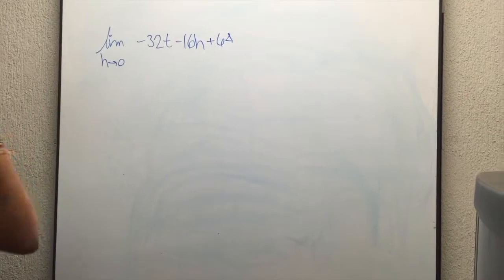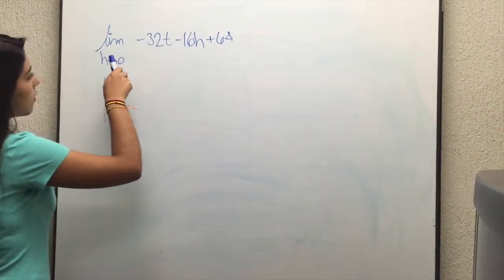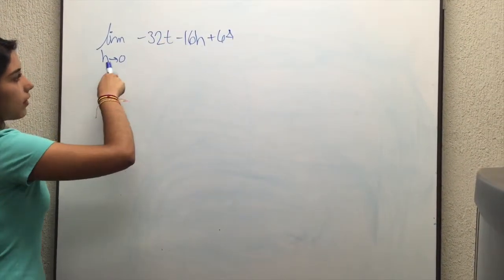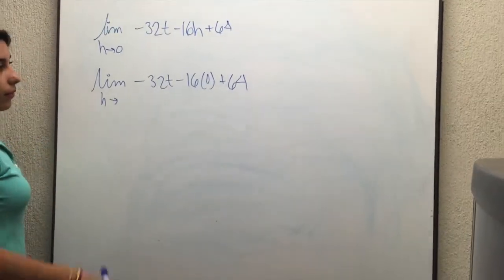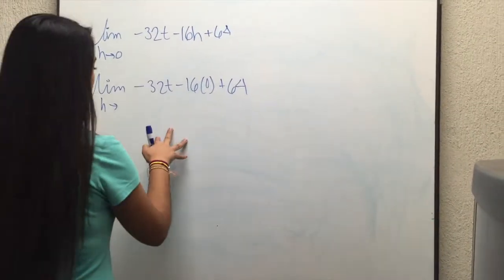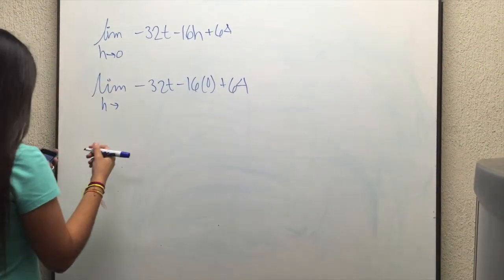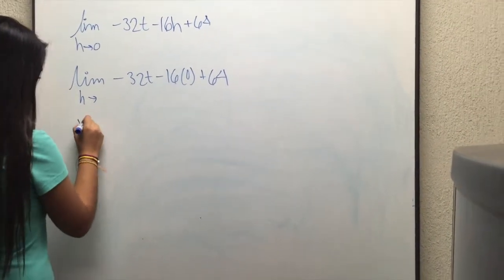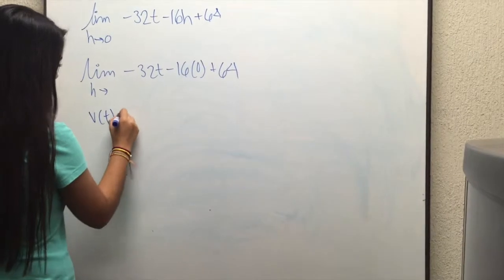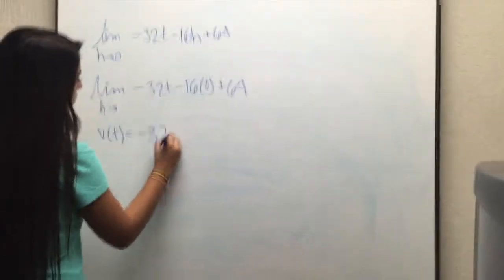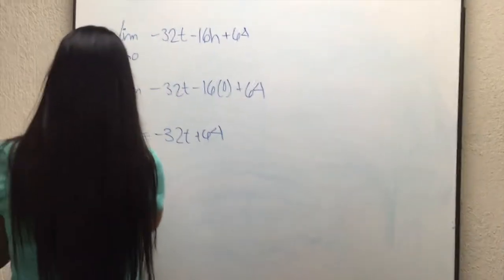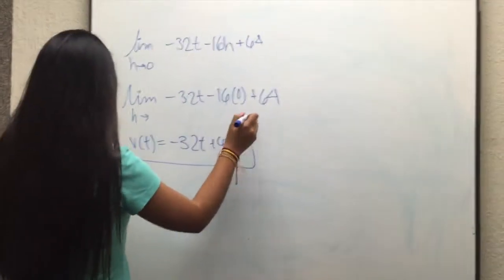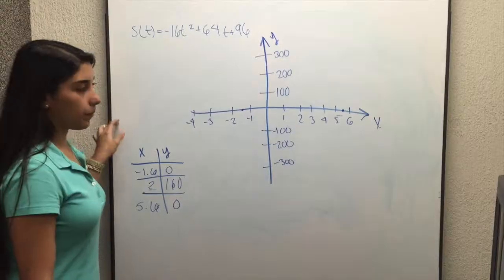Then we are going to substitute this h with 0, and the function is going to be v(t) = -32t + 64. This is the velocity function.